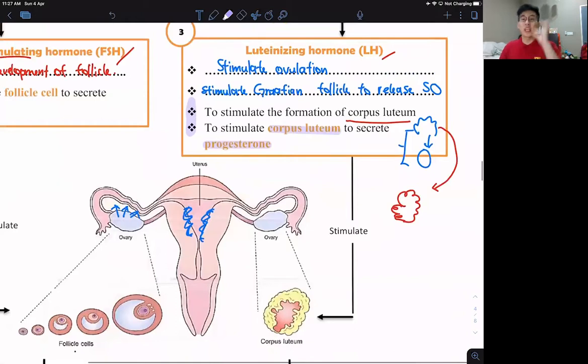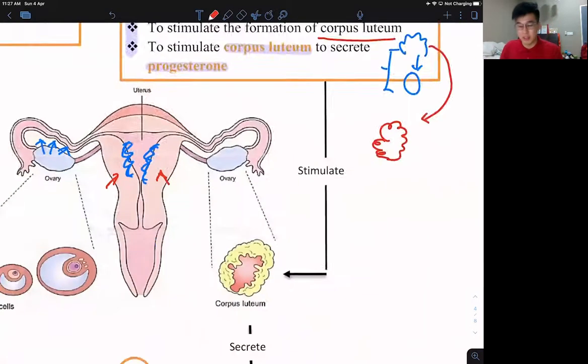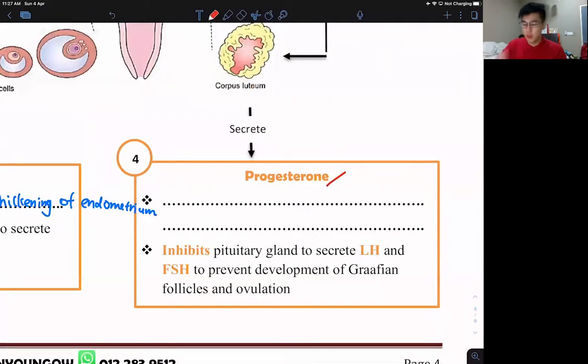Basically, now the secondary oocyte has come out already, which means sperm can come anytime. So what does progesterone do? Very similar to estrogen. Progesterone will just make sure that this wall further thickens, maintain this wall. Progesterone makes sure that this wall doesn't break down, because like I said, fertilization can happen anytime right now already. So what does progesterone do?